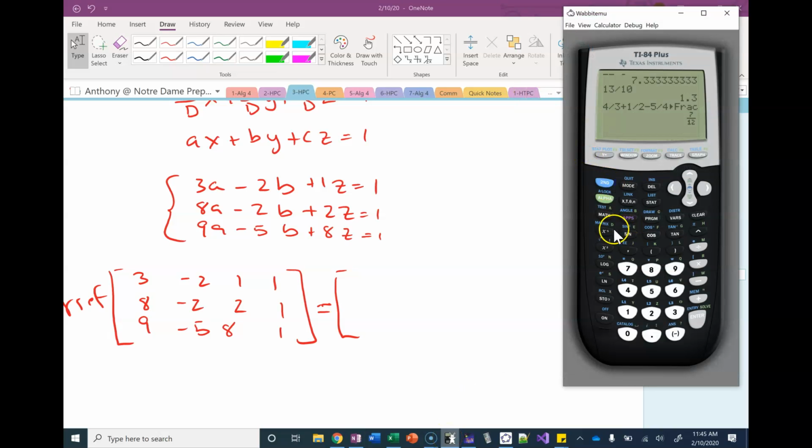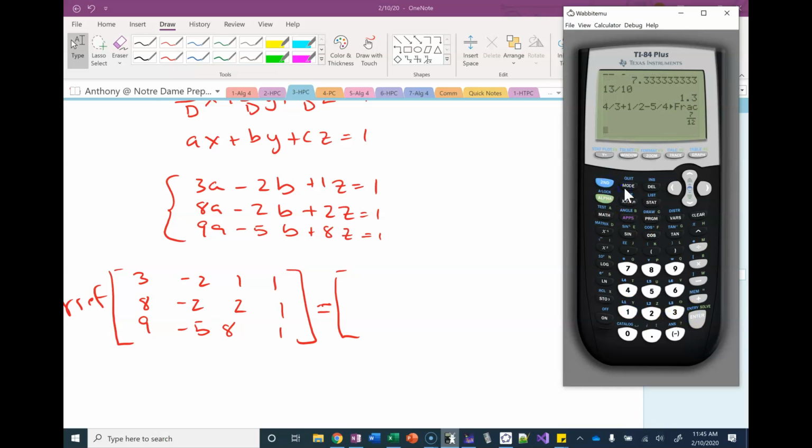So I'll open up my matrix menu, go to the Edit tab, pick a matrix. Let's just use matrix A. So that's a 3 by 4: 3, -2, +1, +1, 8, -2, +2, +1, 9, -5, +8, +1.